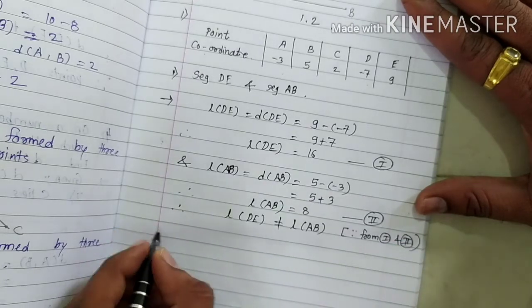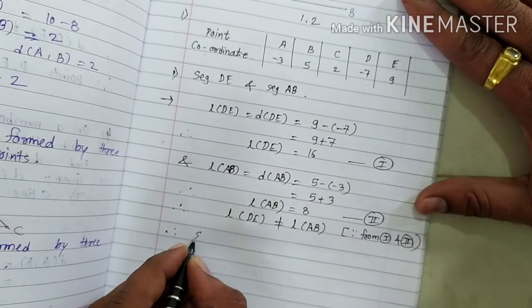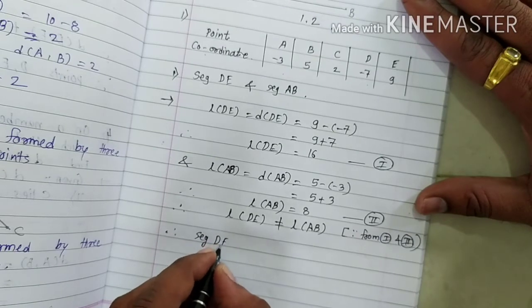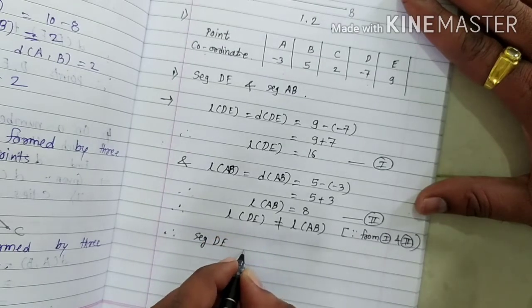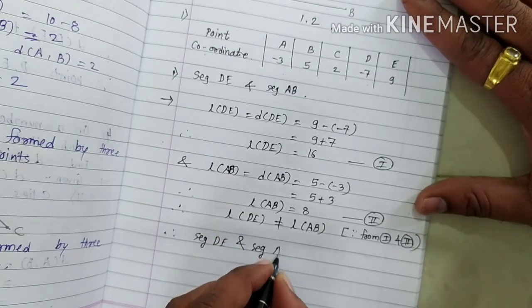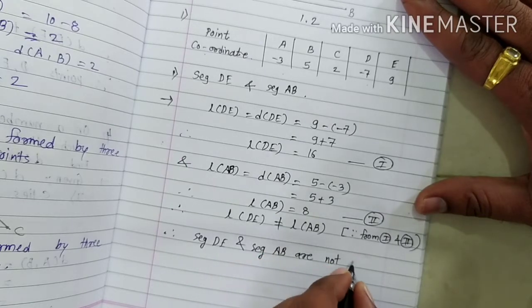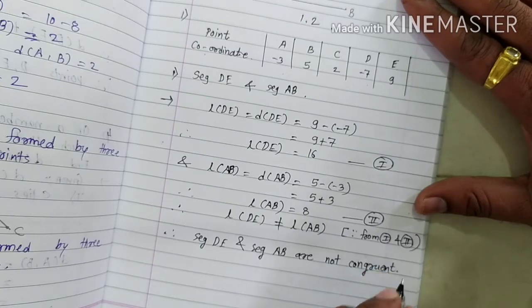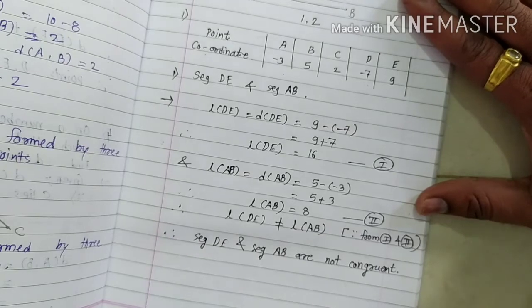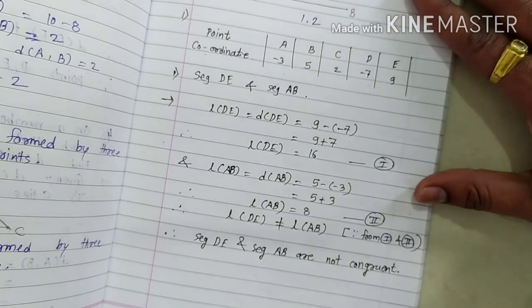So we can say segment DE and segment AB are not congruent. To show the segments are congruent, we have to find their length.